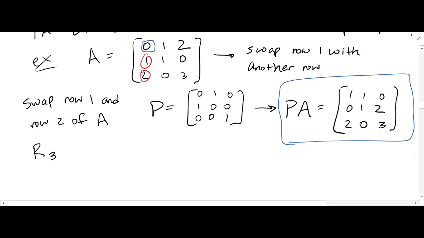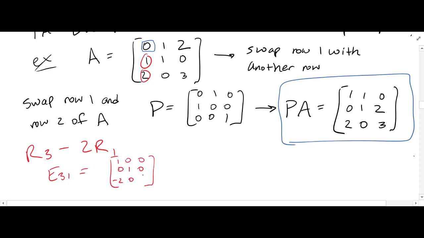So like you would do row 3 minus 2 row 1 using this matrix. And then PA would turn into this. We're eliminating the 2 here.